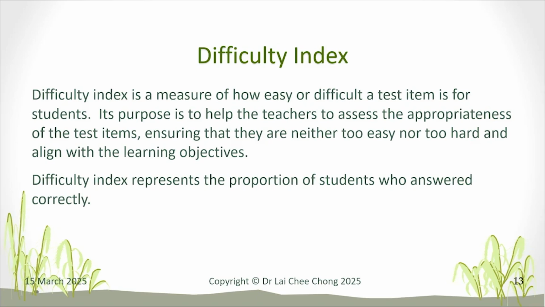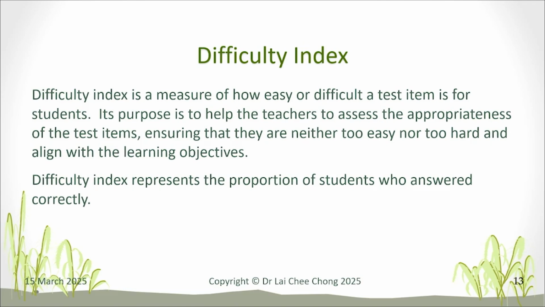They are neither too easy nor too hard. And it must also align with the learning objective. This is important. We never leave the learning objective, no matter what. It's always there. Okay? So, in other words, the difficulty index represents what? The proportion of students who answer correctly.